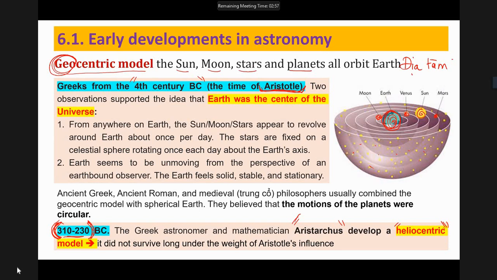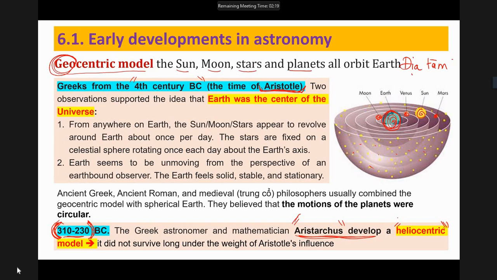However, this model did not last long because of the fame and influence of Aristotle at this time. So the heliocentric model didn't survive long.